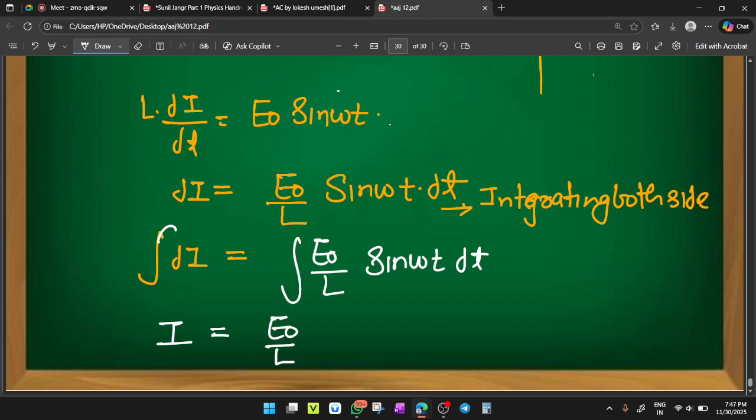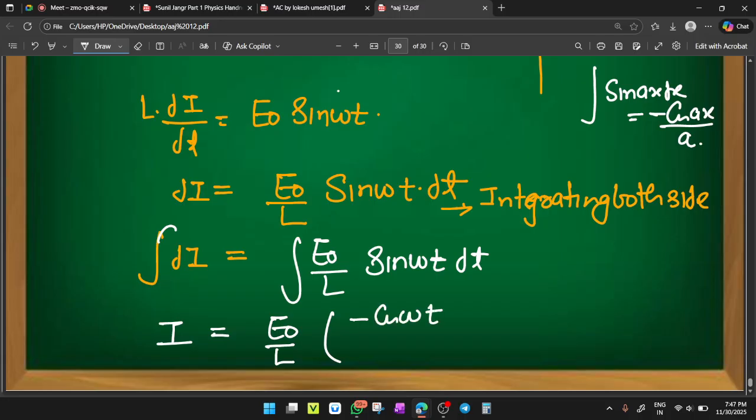Clear? And there is a formula: the integral of sine ax dx equals minus cos ax upon a. So this is the formula for integration. So here for sine omega t, after integration, the integration of sine omega t equals minus cos omega t divided by omega.